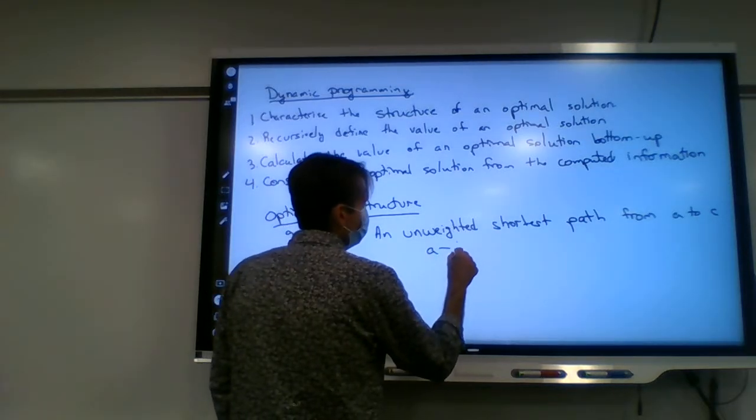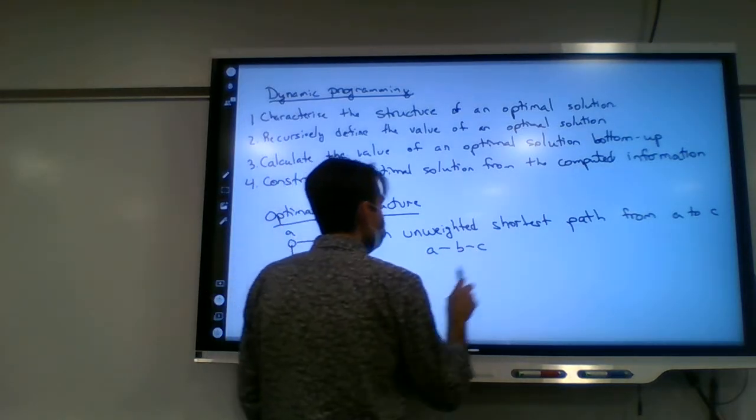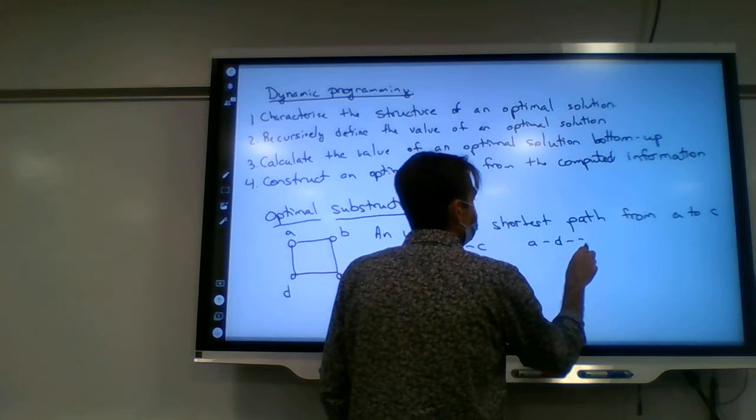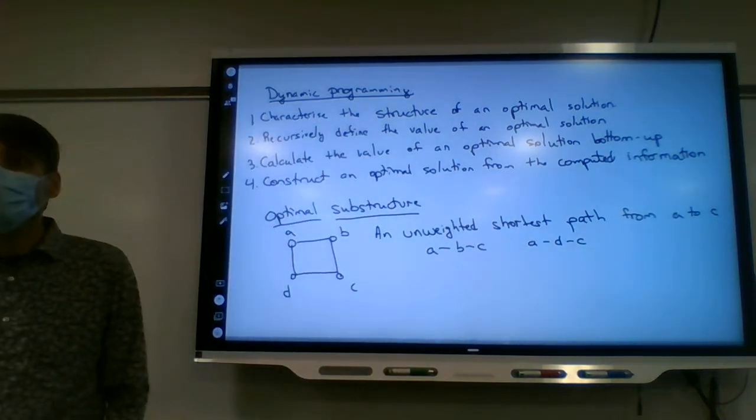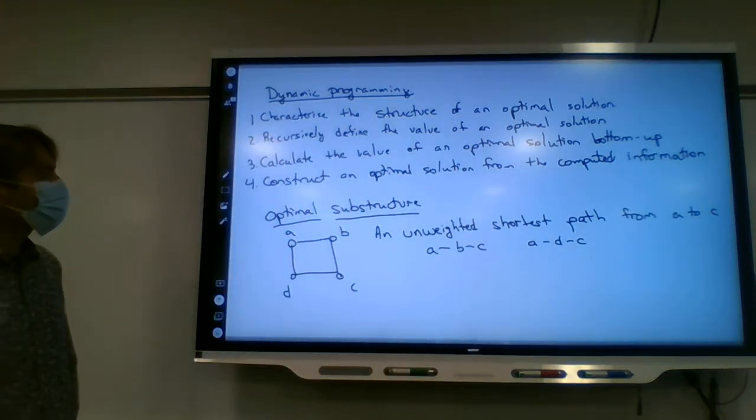We have A to B to C, and we have A to D to C. Those are the two shortest paths, so there are two solutions to this particular problem.